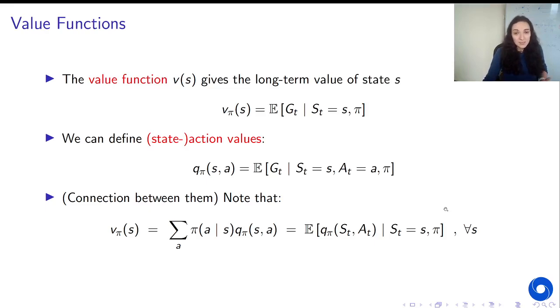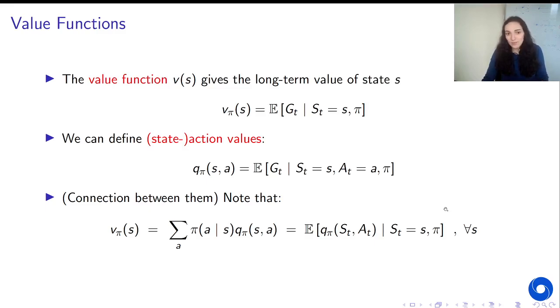And because we're going to be looking at expected values of the return, we're going to be introducing some quantities to help us refer to this expected value. So we're going to be introducing the value function at a particular state S, which is the expected return that we're going to get starting from state S and following policy pi.